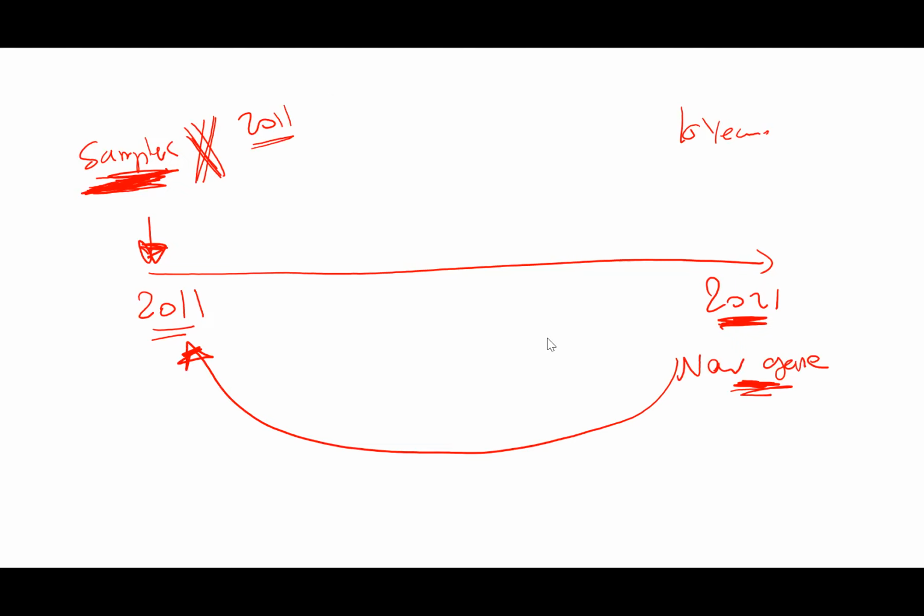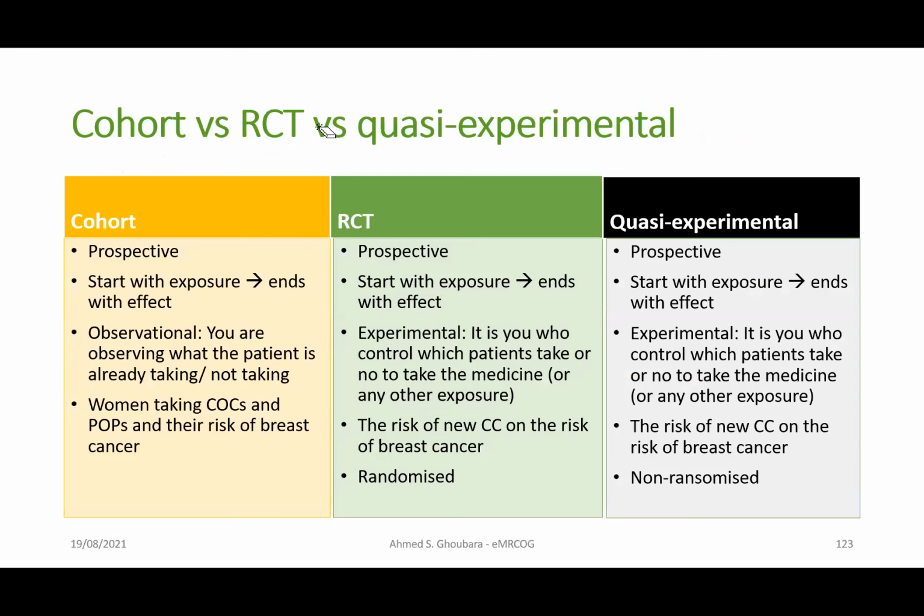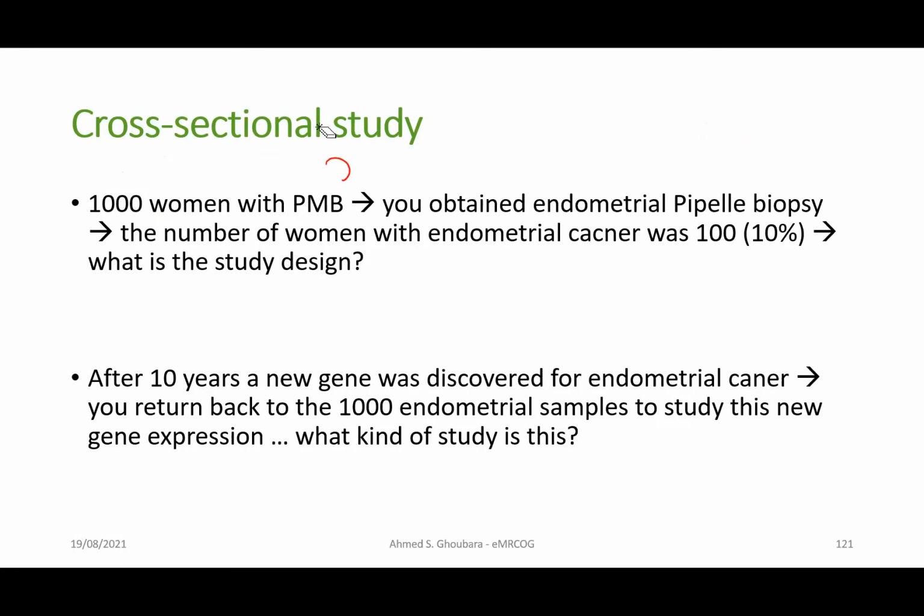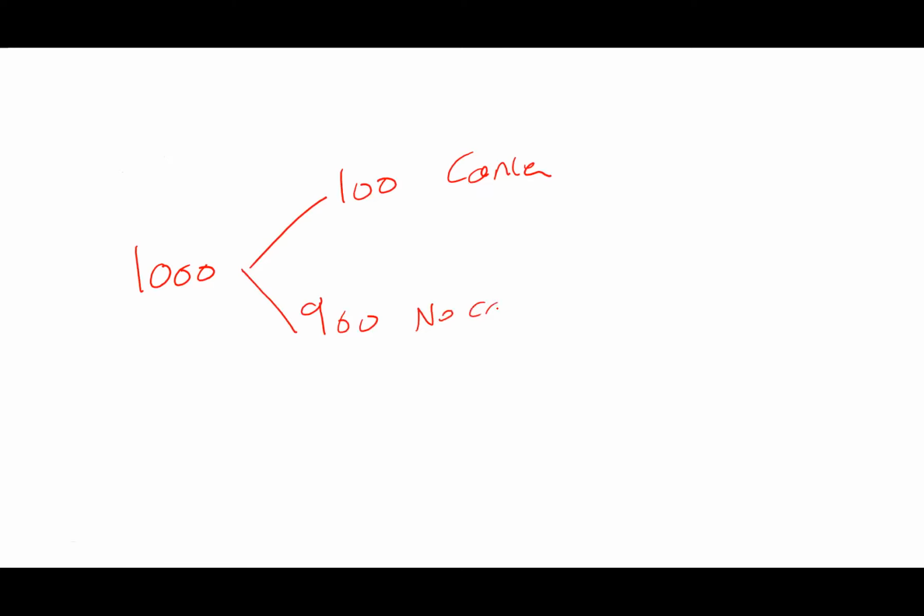Now, my question is, did you study the effects of time? Did you study the effect of time over your samples? It should be like this. So we have 1,000 ladies, 100 got cancer, the 900 no cancer.